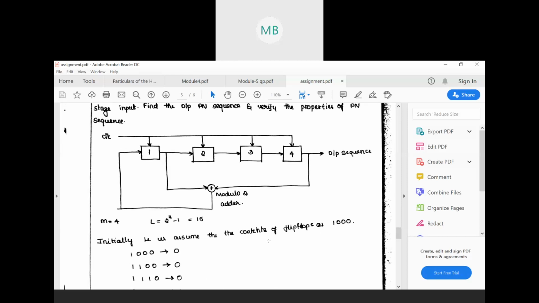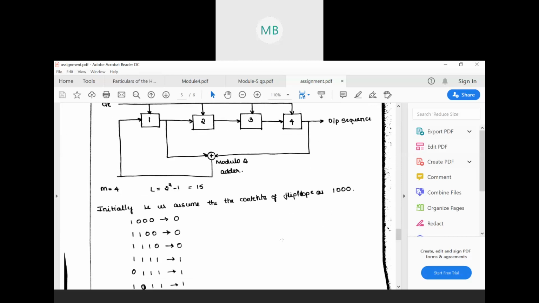It is 1000. If it is not given in the question, you can take an appropriate sequence. Usually we consider first bit as 1, the remaining bits are zeros. So this is the convention which we use for the initial state value. And then with 1000 as the initial state, you find what is the corresponding output of the shift register. In this case, here it is 0.